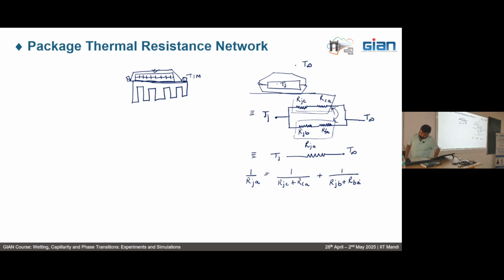Understood? Further, we can write it as RJA is equal to (RJB plus RBA) times (RJC plus RCA), whole divided by the sum of all these four resistances. So it would be RJB plus RBA plus RJC plus RCA, right?